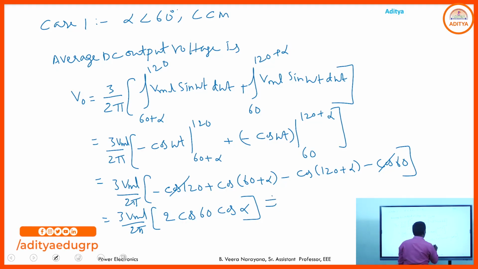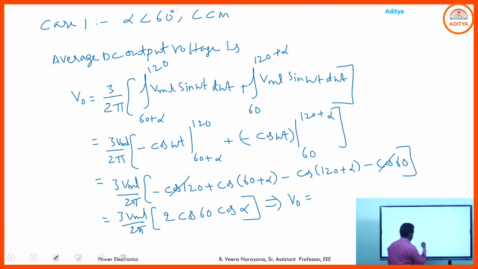So finally V naught is equal to 3 VML by 2 pi times cos alpha. This is the average DC output voltage under continuous conduction mode.